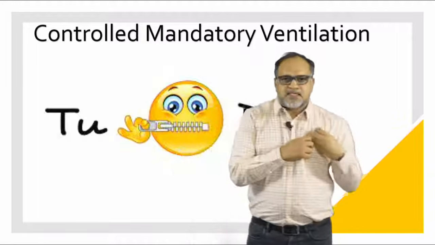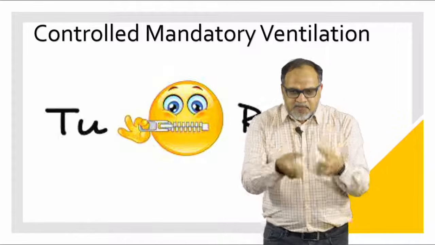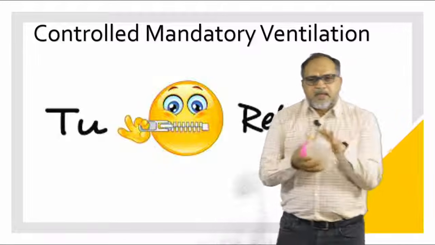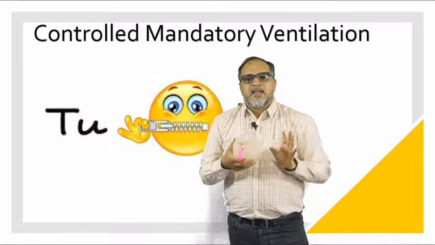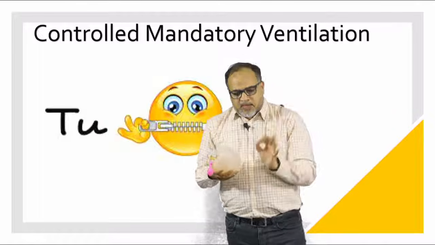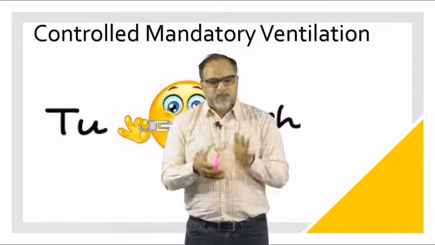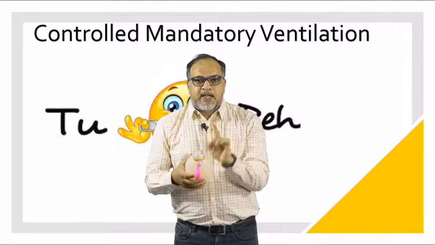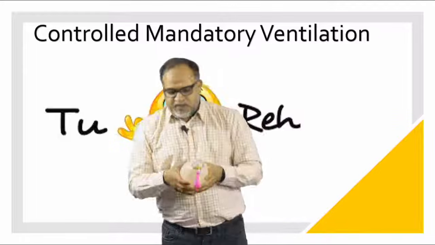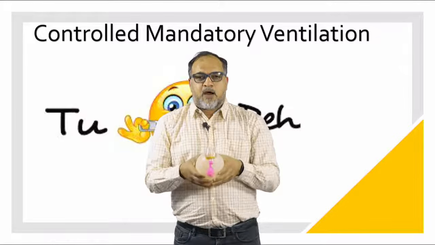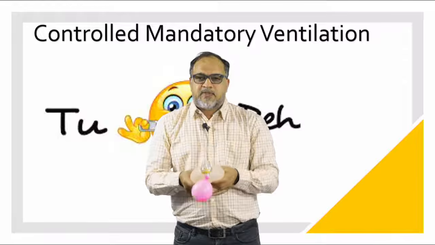So in the first instance, our ward boy is delivering oxygen to the patient. He has this ambu bag and he has the patient. Now, as we have told him, and he follows whatever he is told to, he is giving 15 times 500 ml. Okay. 1, 2, 3, 500. 1, 2, 3, 500.